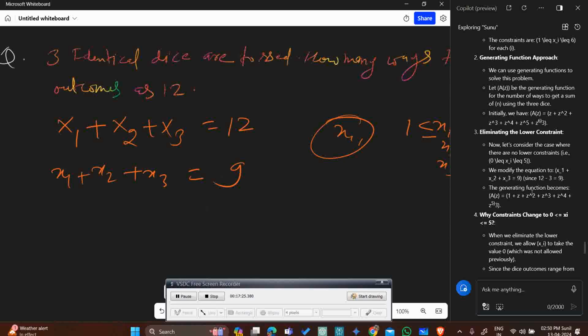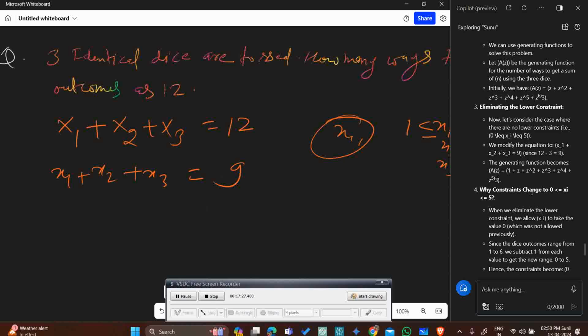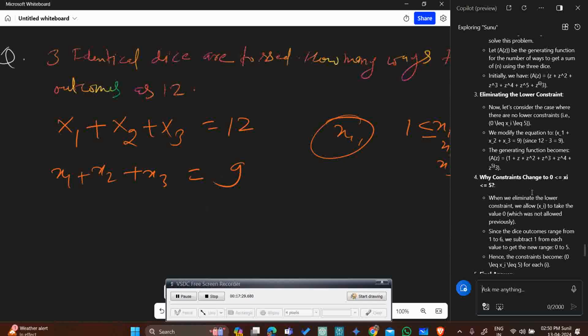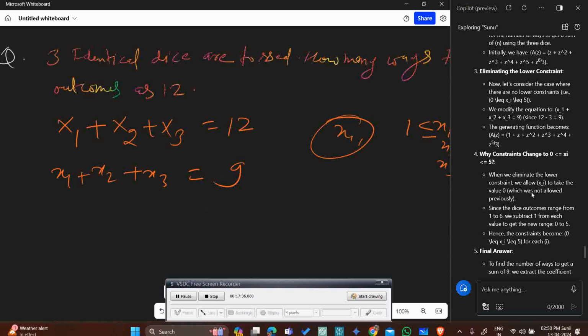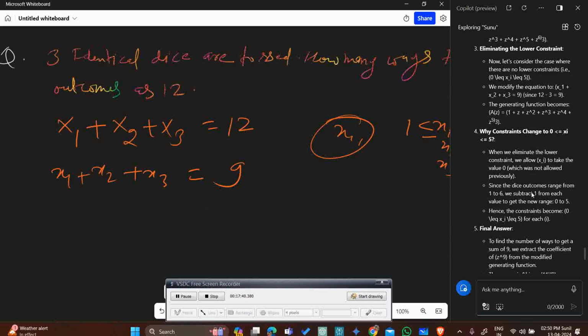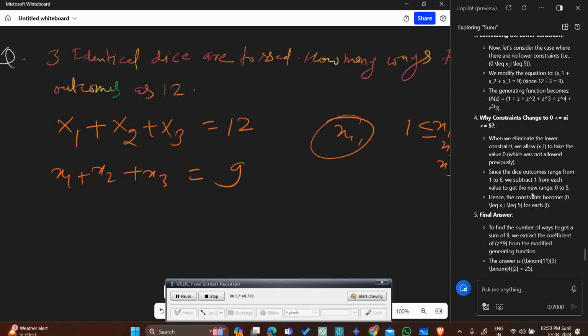Why this 5 only? When we eliminate the lower constraint, we allow xi to take the value 0, which was not allowed previously. Since the dice outcomes range from 1 to 6, we subtract 1 from each value to get the new range 0 to 5. Hence the constant becomes the final answer.